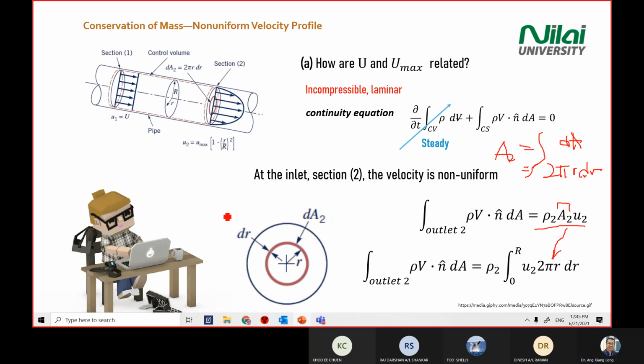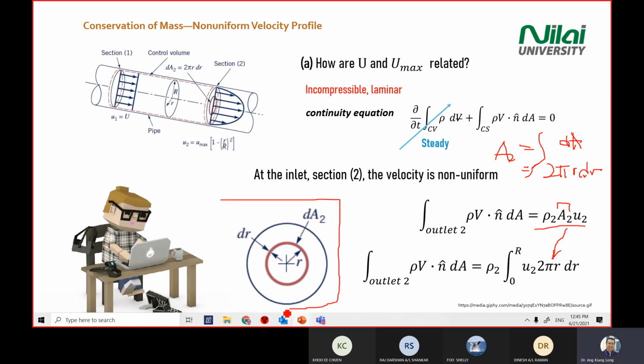This one you learn in your trigonometry or advanced mathematics, how you calculate the small changes, how you integrate the area of the circle. If you're given r, you need to integrate r. So this one is advanced mathematics, and you need to go back and review. This is the application of integration if you want to find the area.